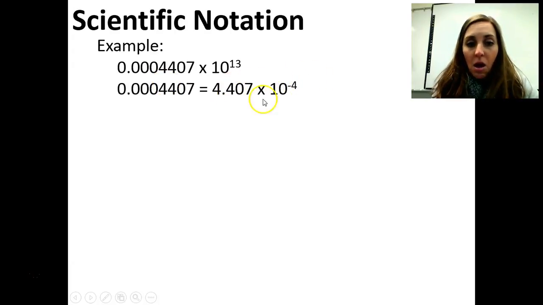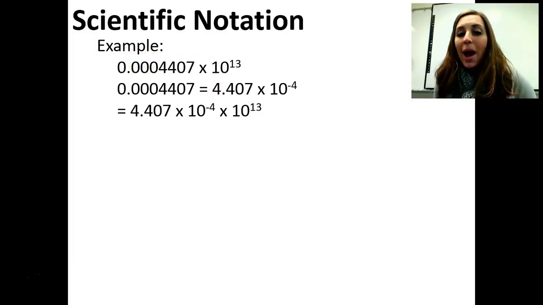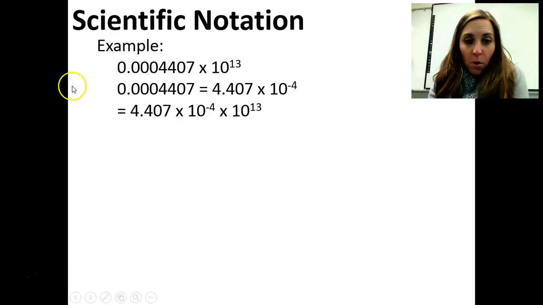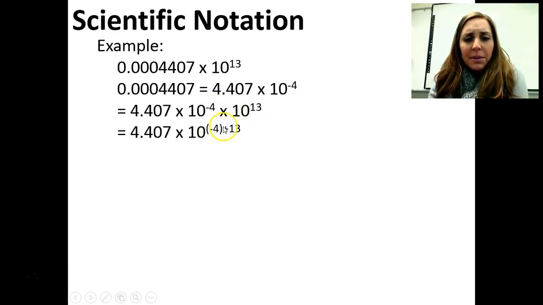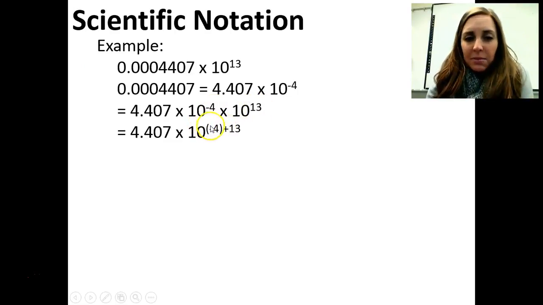So now plug all this stuff in for your original coefficient. Here we go. Multiply, you add up high. So you've got negative 4 as an exponent and 13. Well, what's negative 4 plus 13? Sometimes it's nice to think of it like this so you don't forget to put that negative sign. That's going to be 4.407 times 10 to the 9th.